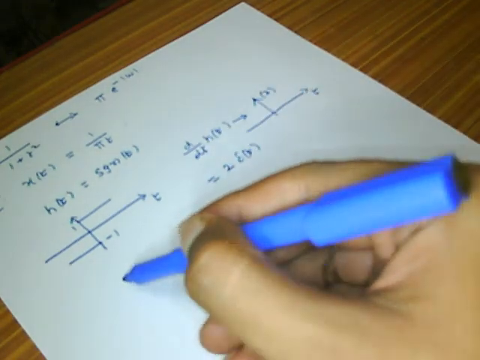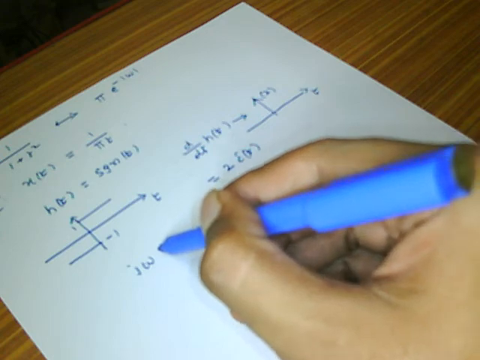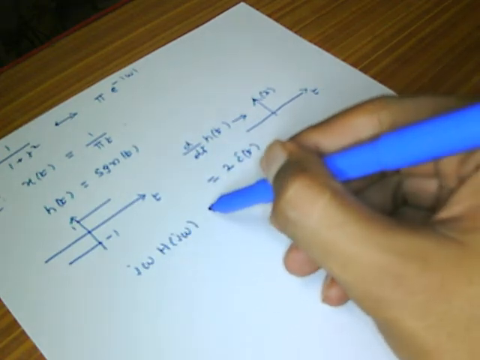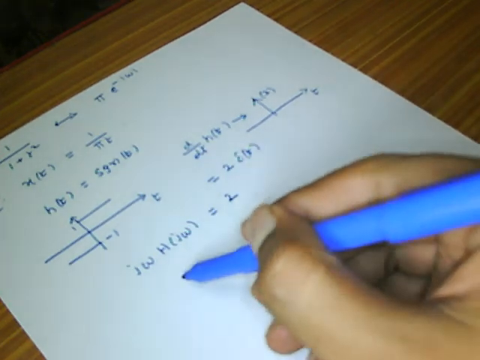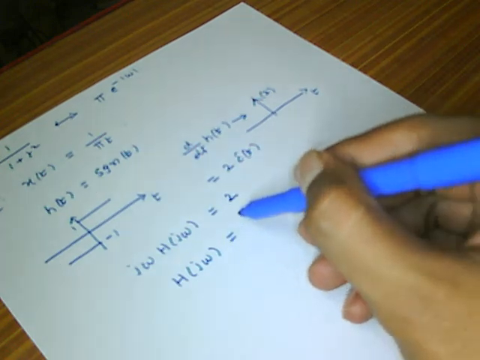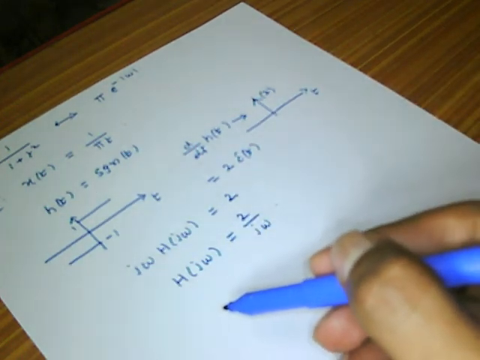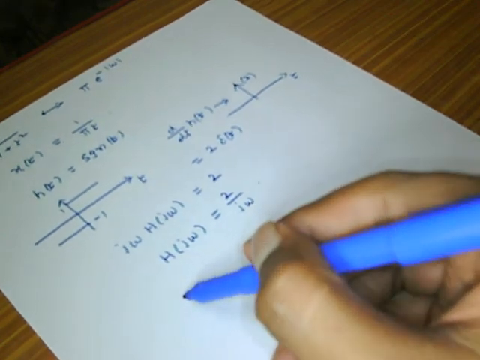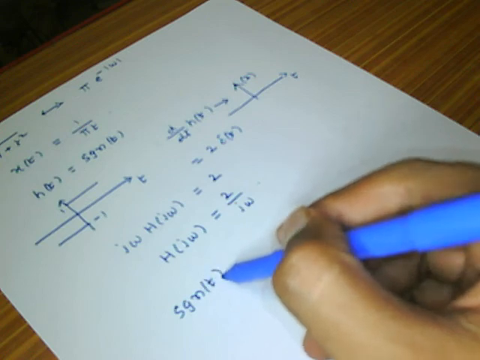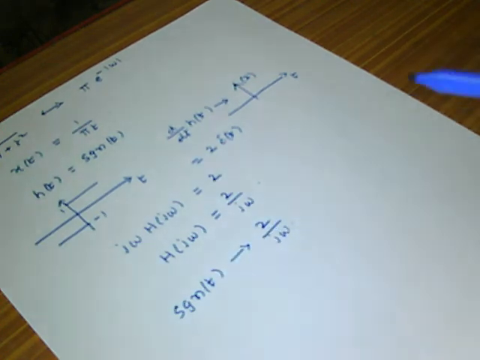I will get j omega into h of j omega, which will be equal to 2, or from this we get h of j omega to be equal to 2 by j omega. So I have got that signum of t will have 2 by j omega as the Fourier transform.